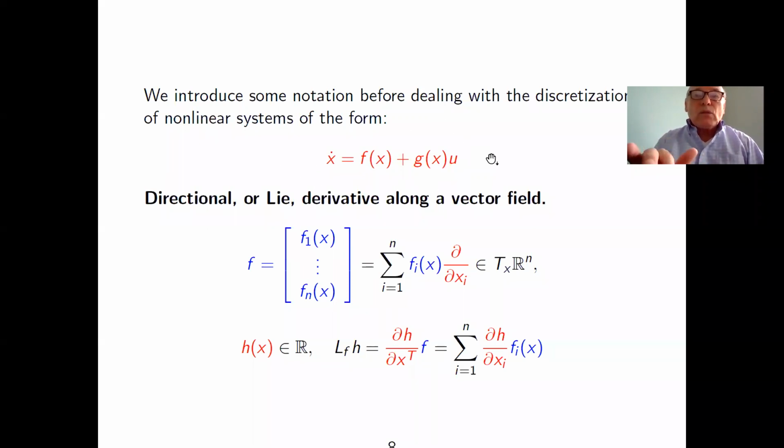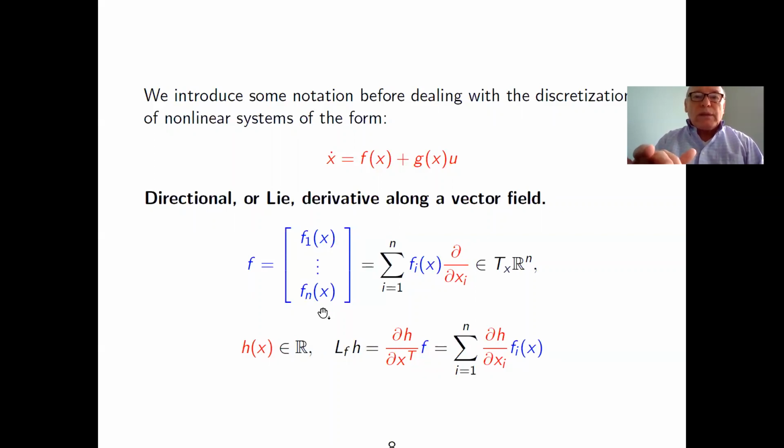This is the typical situation in almost any physical system, in which nonlinearities have to be taken into account. So in this class of systems, F and G are vector functions. They are functions of the state, and they are represented as vectors in n dimensions.